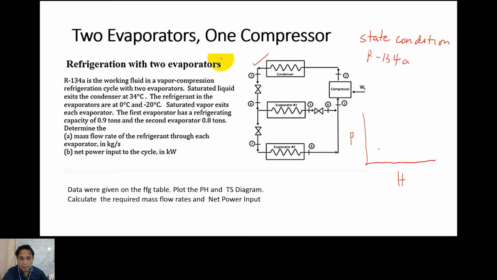Now, here easily I can make a dome, a bell, because this is the standard for the ideal vapor compression system. It might not be perfect, but at least it represents. Now, the question, class, is where is the saturated liquid where the condenser exits?